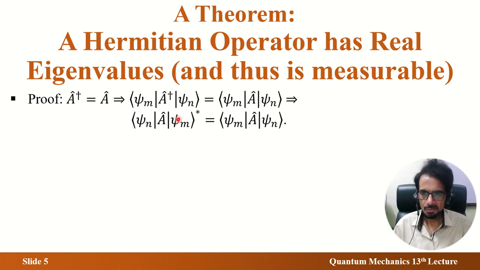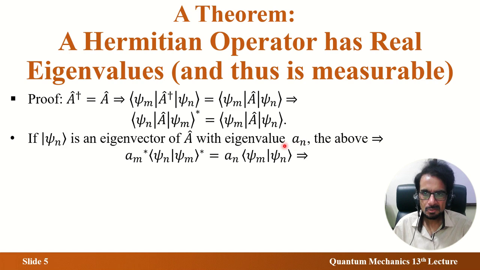That's the difficult part. The easier part is that you take the complex conjugate. So that's it. Now, you remember, so far we have not said that these are eigenkets. So far I have used only the definition of a Hermitian operator.